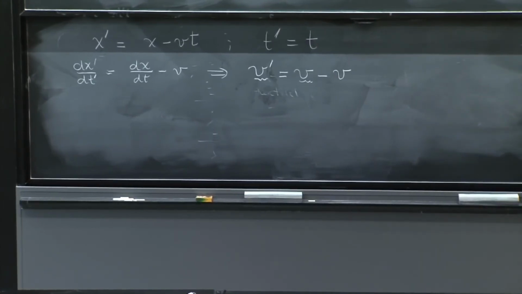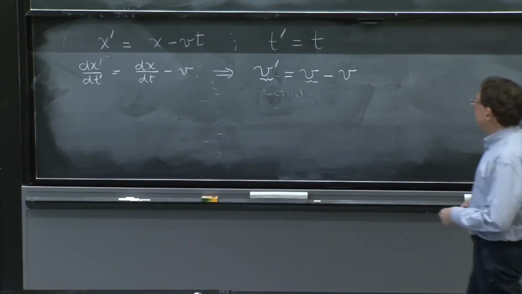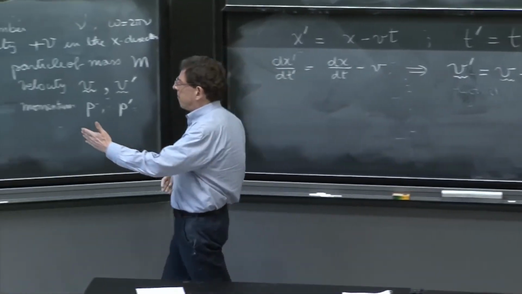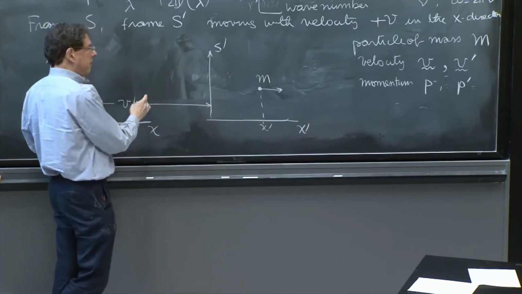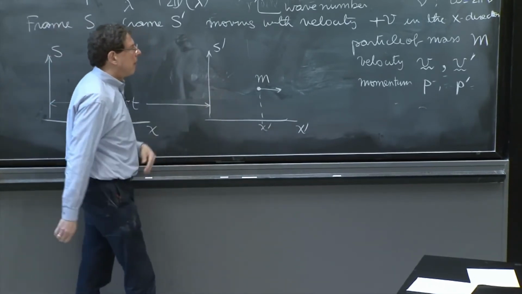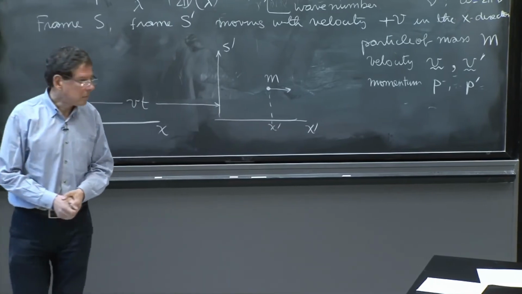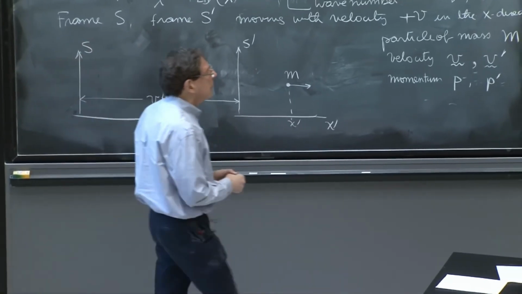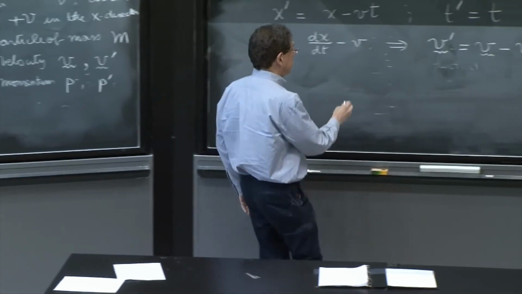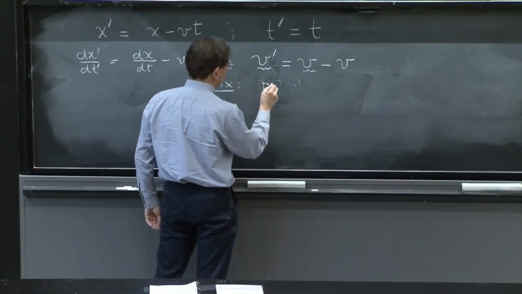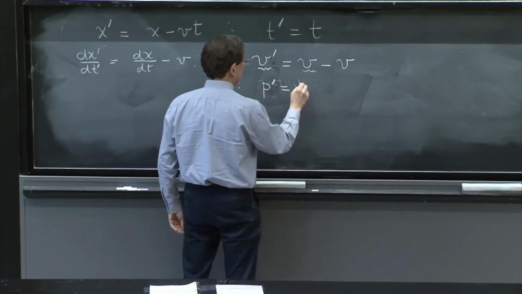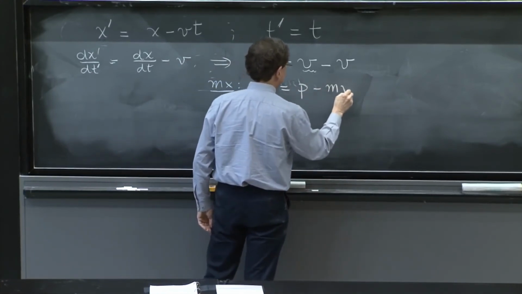And that's what you expect. The difference of velocities is given by the subtraction of the velocity that the frame is moving. So if this particle has some high velocity with respect to the lab frame, with respect to this frame, it will have a smaller velocity. So the sign seems right. And therefore, multiplying by m, you get that p prime is equal to p minus mv.